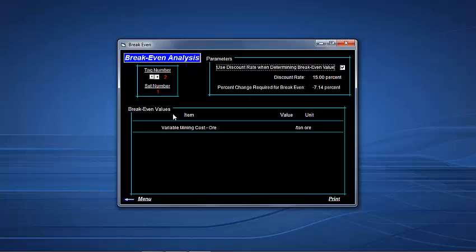Let's do the same thing with the operating costs for mining the ore. We still should be making money at a 15% discount rate at an operating cost of $46 per ton. Price of gold can go as low as $1,483, excuse me, and we still should be able to make money at a 15% discount rate.